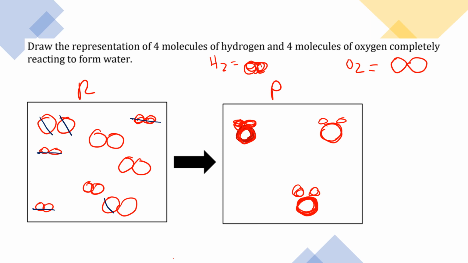If this is gone, then this is gone. And I have 2 O2s left over. That's what I mean. So the crossing out, don't do that, but I'm trying to show you the process by which you figure out how much you have of each element.